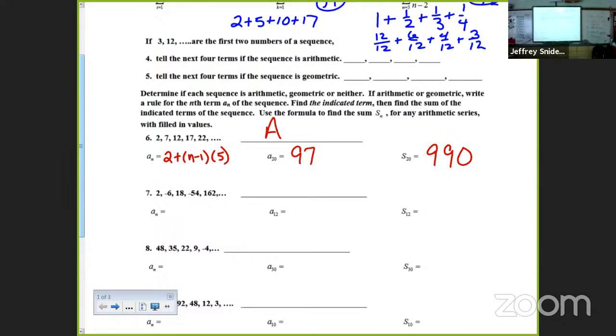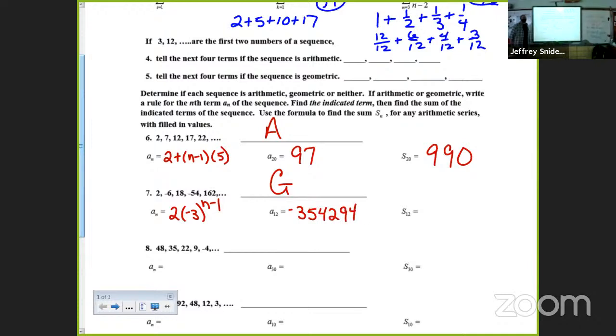All right. So number 7, if you recall, was geometric, and its rule was 2 times negative 3 to the n minus 1. The 12th term: got that one? Negative 3,94.